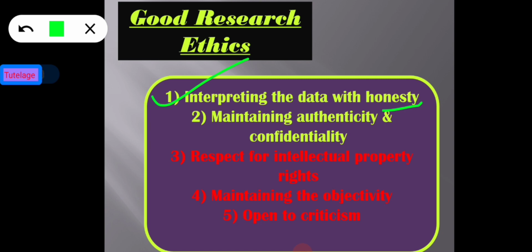Now the second point: maintaining authenticity and confidentiality. The same article should not be sent for publication to more than one publisher, because authenticity should be maintained, and it is one of the most important research ethics. There should be no duplicative publications.